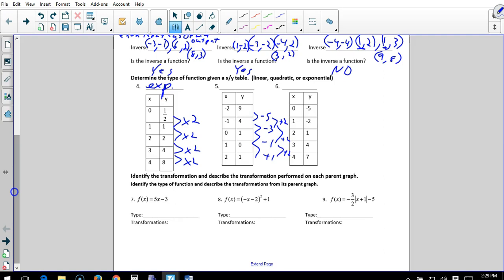Since the second level is where it works out, that's quadratic. And here we have +3, +3, +3, +3. That's linear.